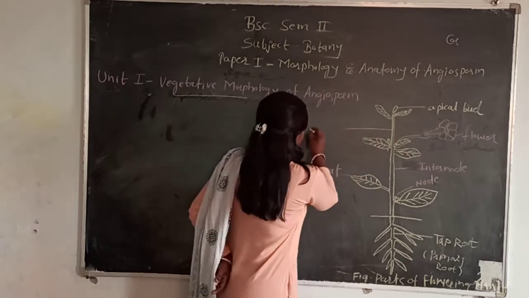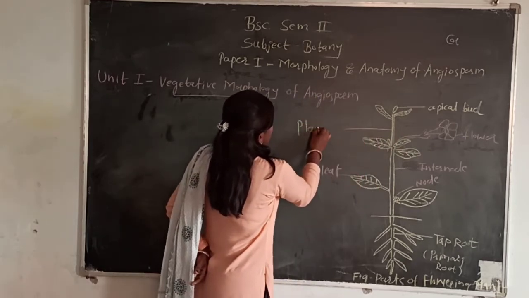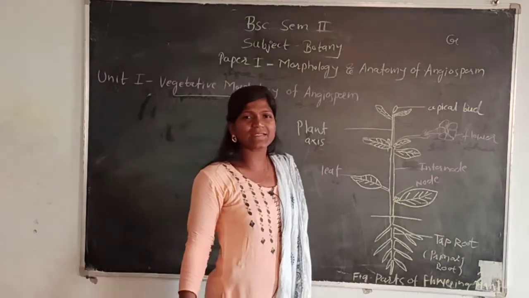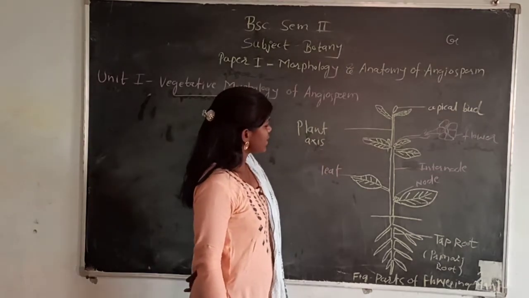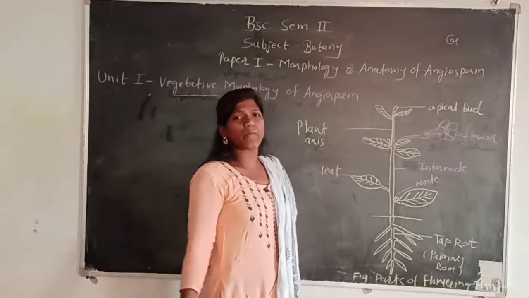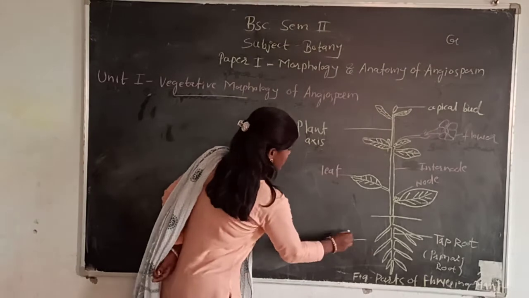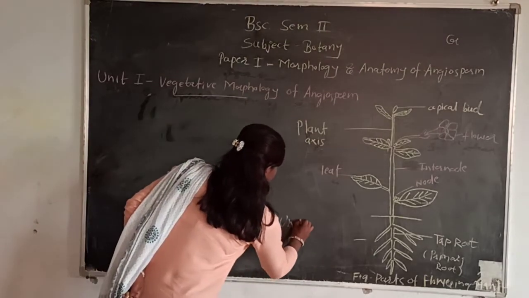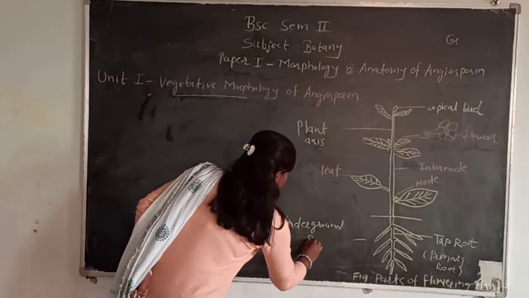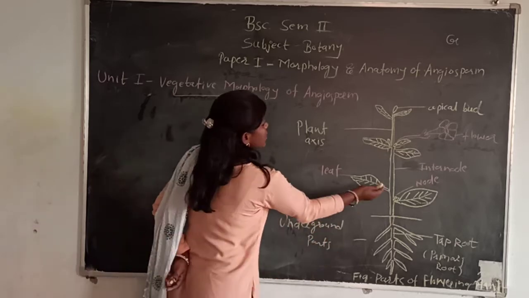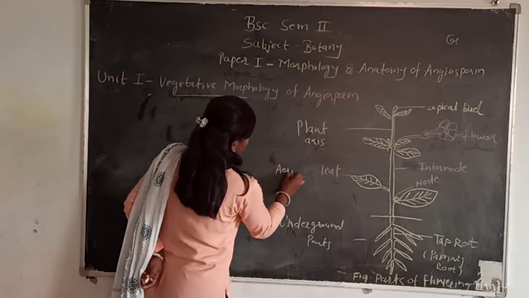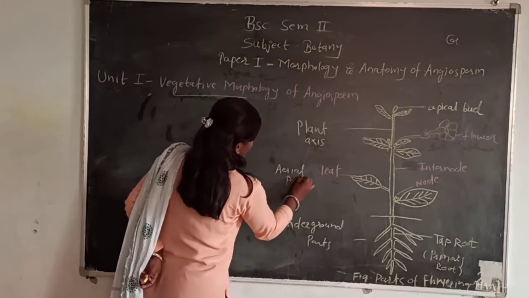The plant axis is divided into two parts: the underground parts and the above-ground parts, which are called the aerial parts.